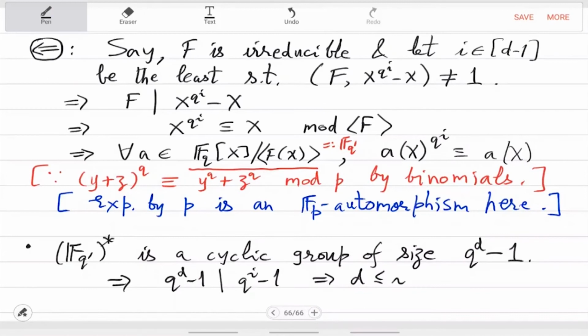The i with which we started was between 1 and d minus 1, so that's the contradiction. This contradiction means that when you start with an irreducible input, then you get all GCDs 1. So this means that the converse holds.